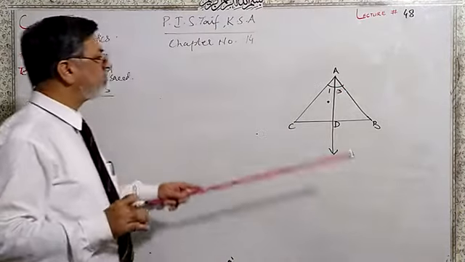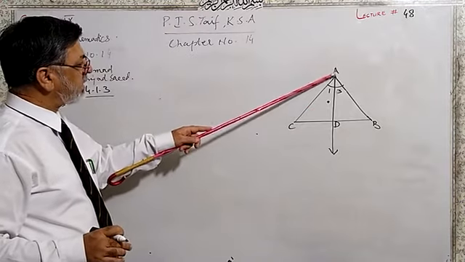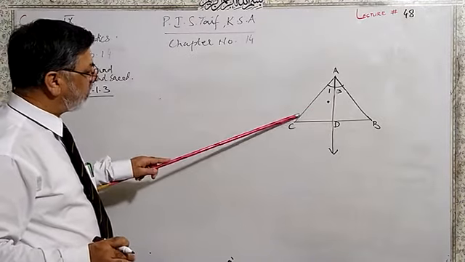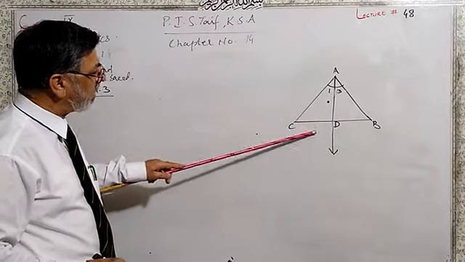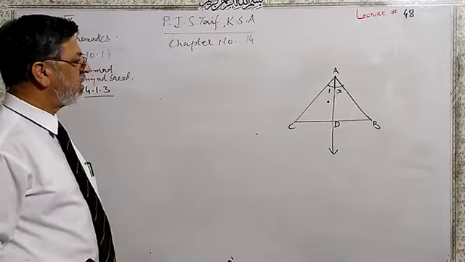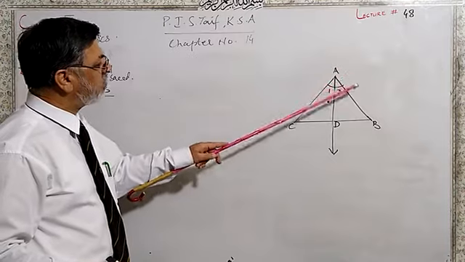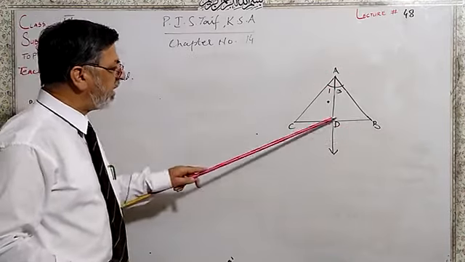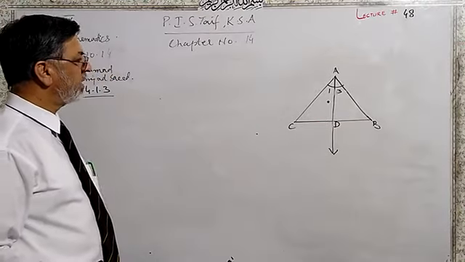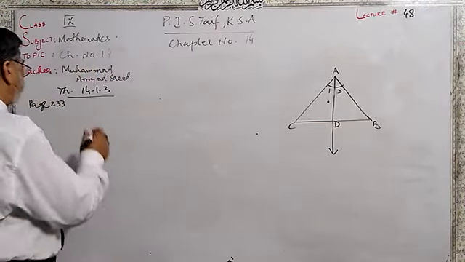Again I am repeating: the internal bisector of an angle divides the opposite side in the ratio of its arms. So the ratio of the arms of the angle, that is AB and AC, will be equal to BD and CD. What is given?